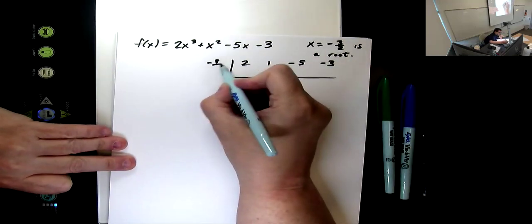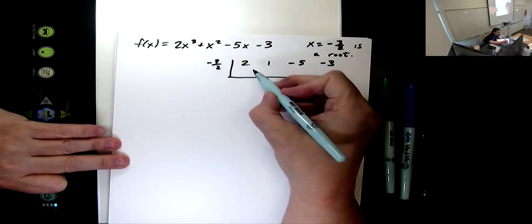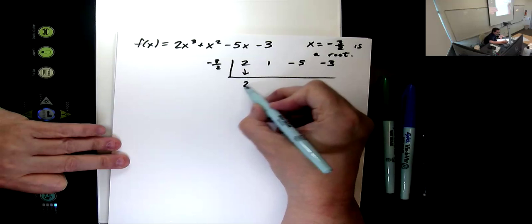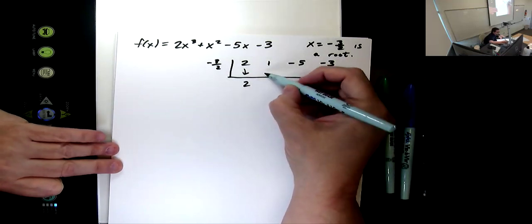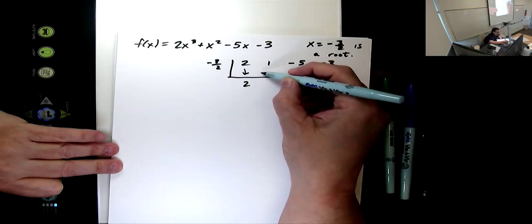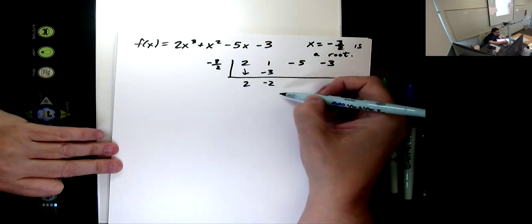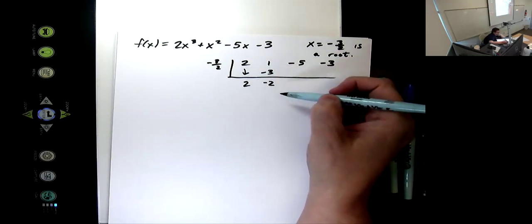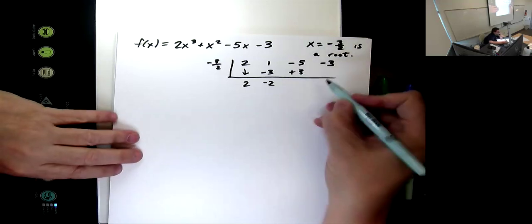It may just be multiplication, but it is a filthy fraction, isn't it? So -3/2 times 2 is what? -3. Add those up, I get -2. -3/2 times -2 is what? +3. This is good.